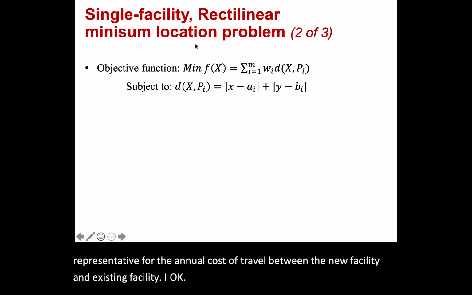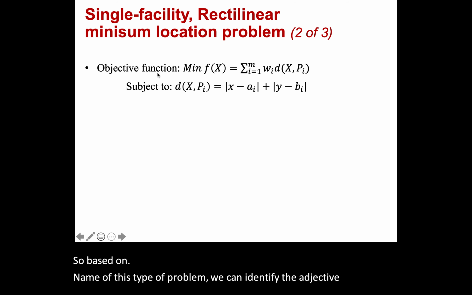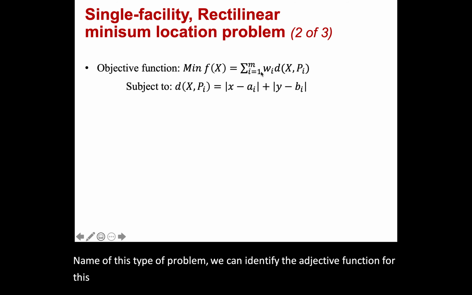So based on the name of this type of problem, we can identify the objective function for this problem as the total sum of the product wi multiplied by d(X, Pi).